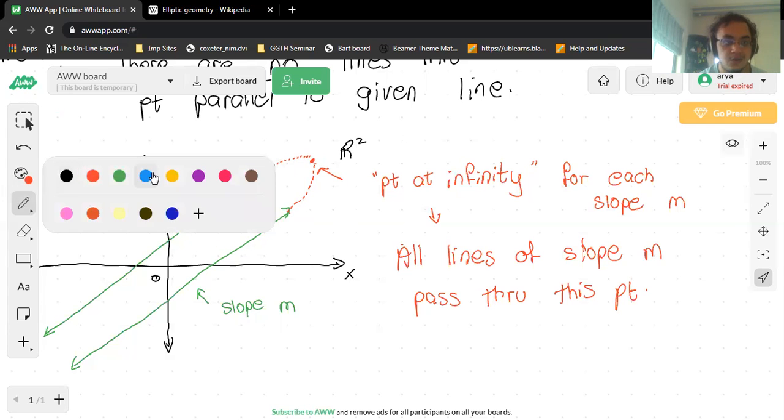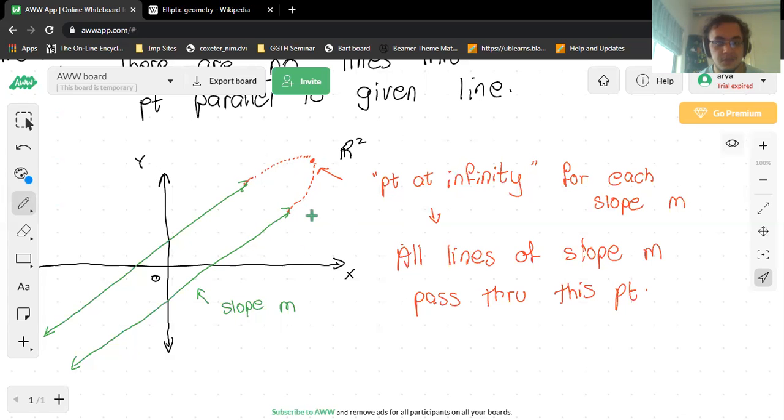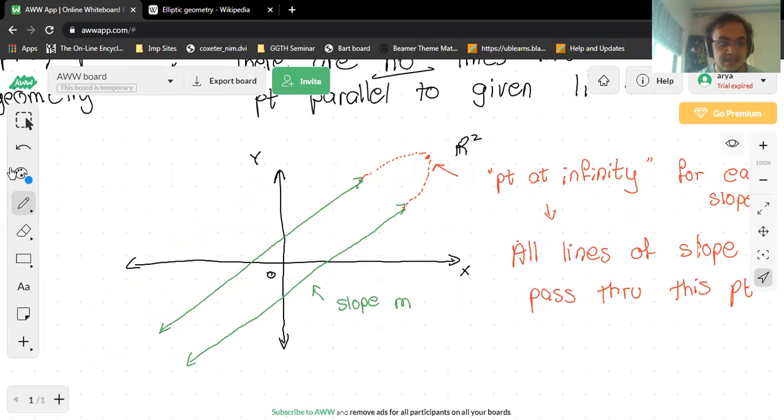So firstly, according to our definition, all lines parallel to the green lines, so all lines with slope m, would be passing through this artificial point we have constructed, and we are defining this to be the case. And suppose we consider a different set of parallel lines, so consider the blue lines, they are not parallel to the green lines.